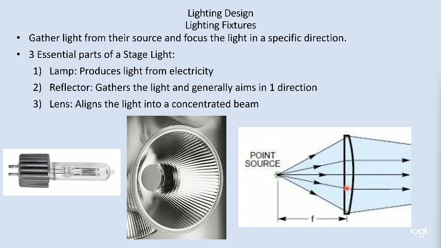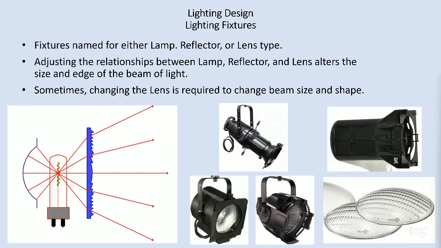Of the three, the lens is sometimes optional, as we'll see when we get into some of the cyc light and some of the wash light fixtures. Fixtures are named either for their lamp, their reflector, or their lens type. And adjusting the relationship between the reflector and the lamp and the lens alters the size of the beam of light as well as how soft or how crisp the edge of the beam of light is.